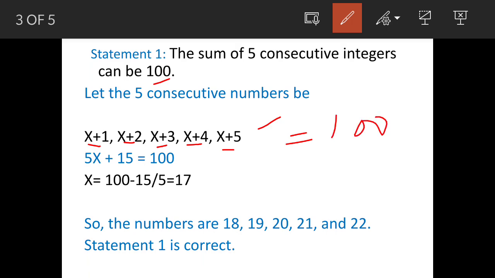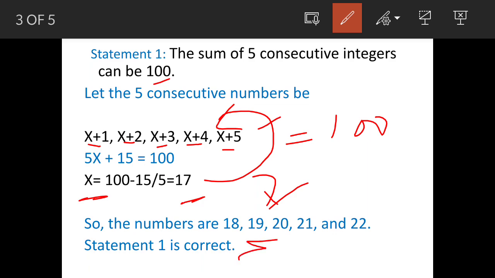So we add them up, we get 5x plus 15 is equal to 100, and if you simplify, x is equal to 17. Put the value of x in these expressions. So we get the numbers as 18, 19, 20, 21 and 22, and if we add them up, the sum is 100. So this statement is correct.